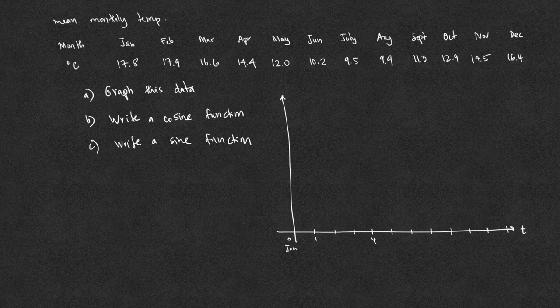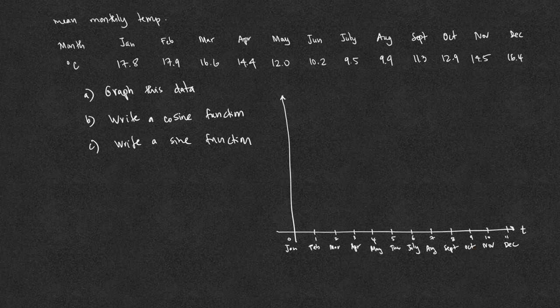And so t equals 1 represents February, t equals 2 represents March, t equals 3 represents April, and then May, t equals 5 represents June, t equals 6 represents July, t equals 7 represents August, t equals 8 represents September, t equals 9 represents October, t equals 10 represents November, and t equals 11 represents December. And again, we can make t equals 1 represent January if we want to.